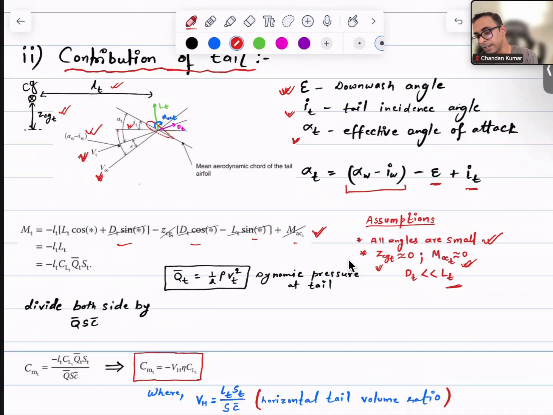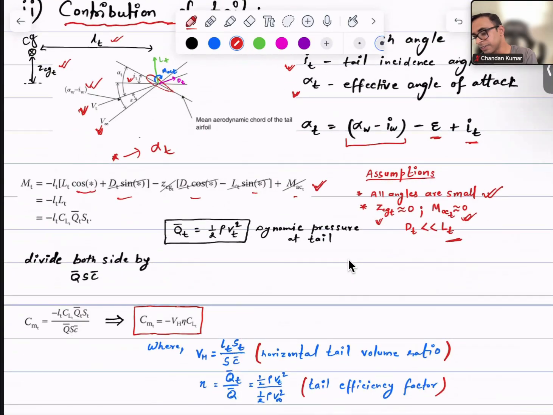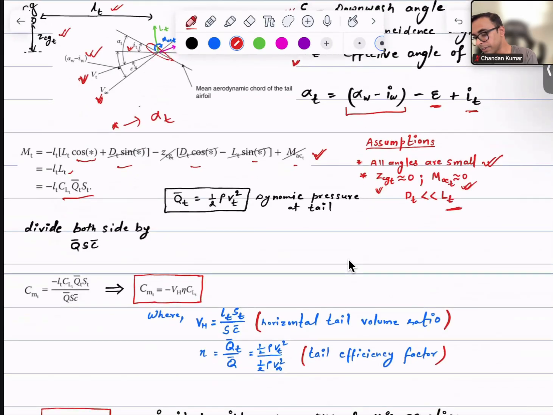Since alpha star here is alpha T, which is the effective angle of attack, denoted by the star over here, and since we consider it a small angle, this is just going to become 1. We can express this lift at the tail in terms of coefficients, where q bar T is the dynamic pressure at the tail, and when we divide both sides by this particular term, we can express the moment at the tail in terms of moment coefficients, and on the right hand side we get something like this.